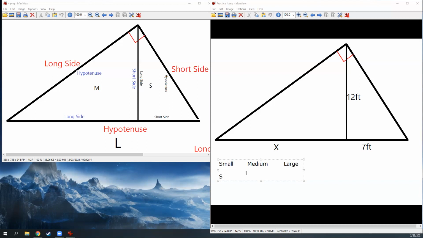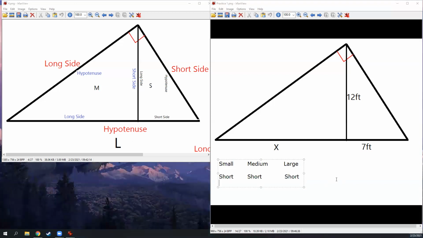But my goodness, it is easy to confuse because of the names of everything.